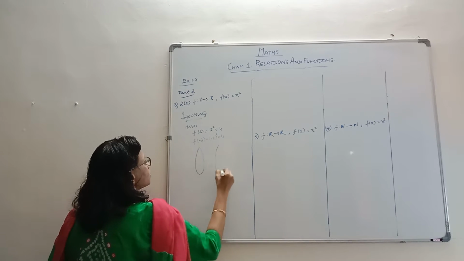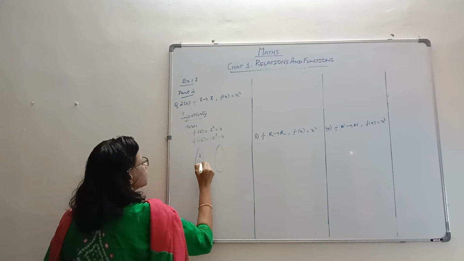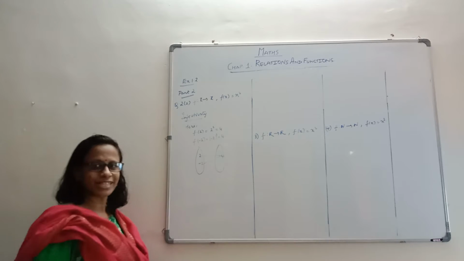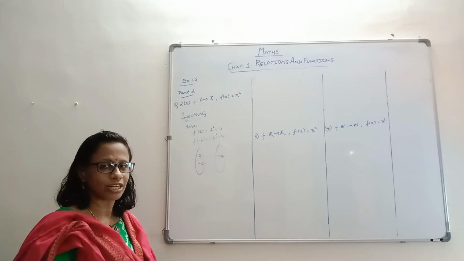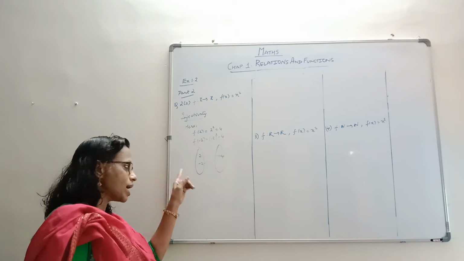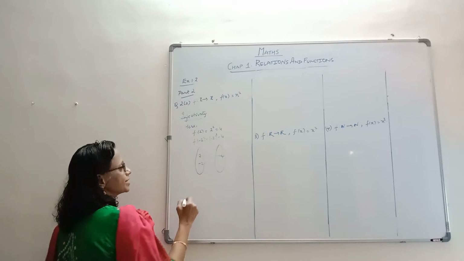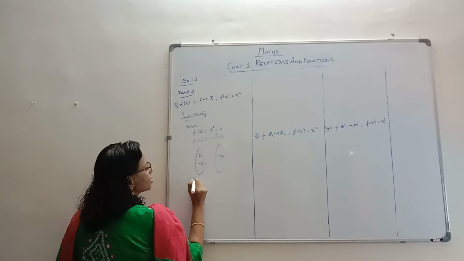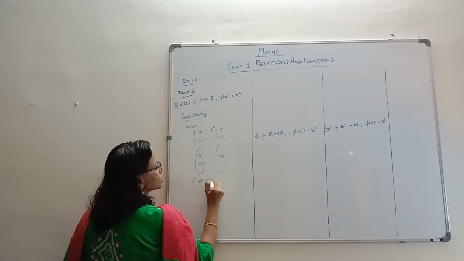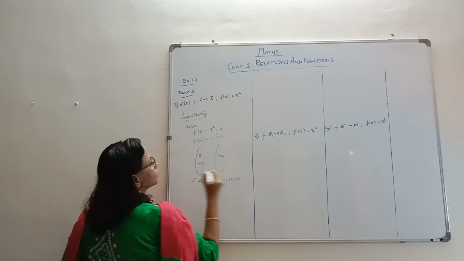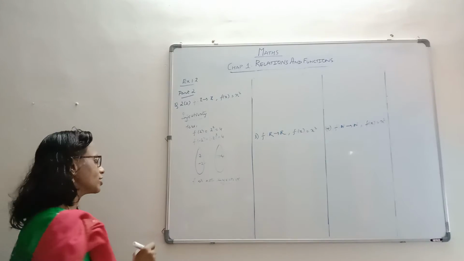From 2 and minus 2 in the domain, they both are going to 4, the same number. That's not allowed for one-to-one. So this is not injective. Therefore, f is not injective.